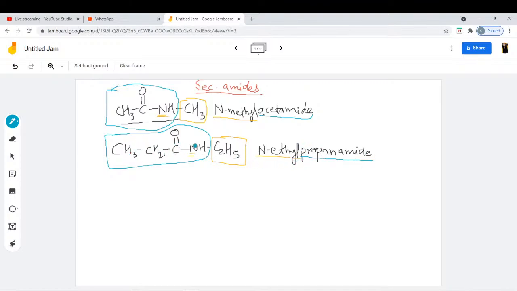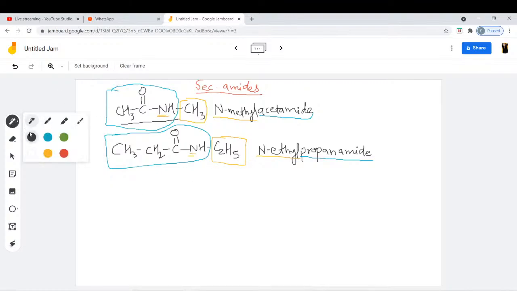You remember this blue colored structure, that is nothing but the propanamide, and to this nitrogen the ethyl group is attached, so N-ethyl propanamide. Okay, that much is sufficient.